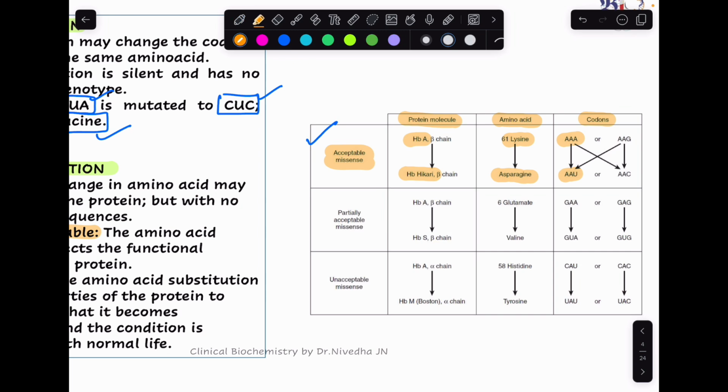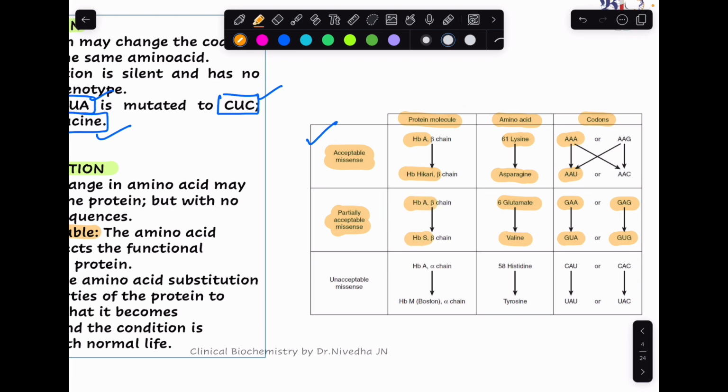Whereas what is partially acceptable mutation? See here you get GAG to GUG or GAA to GUA. What has happened? Glutamate has got converted to valine in the 6th position of the beta globin chain. So HbA has become HbS.